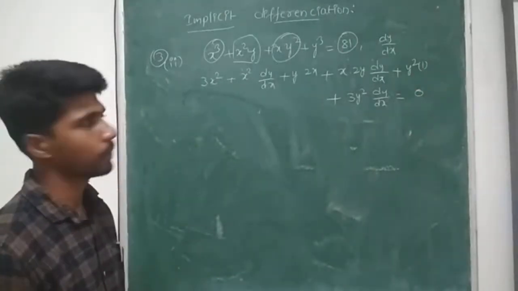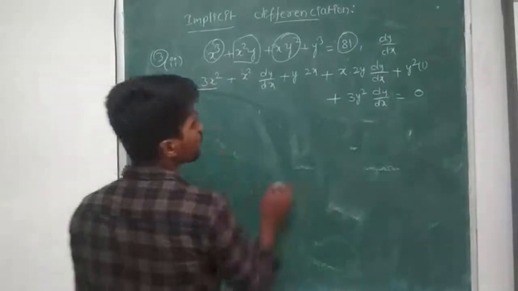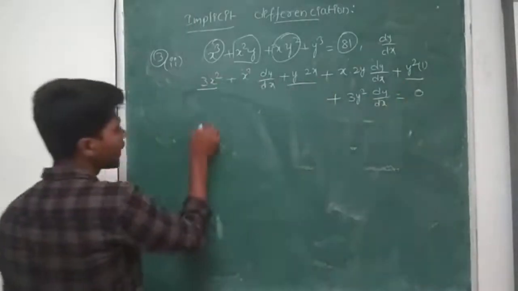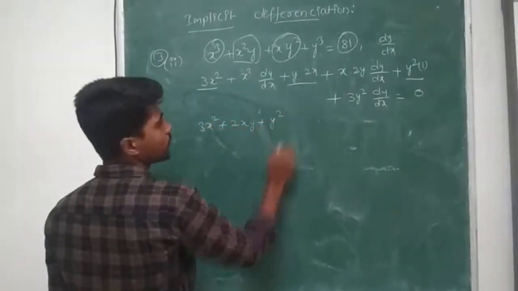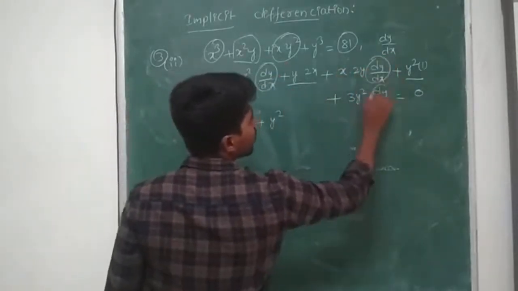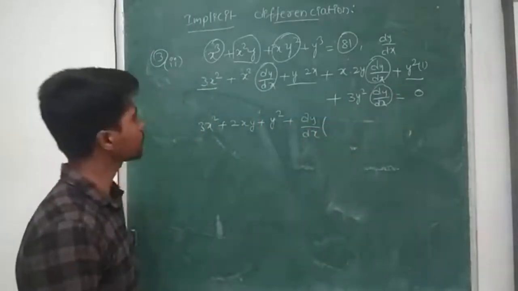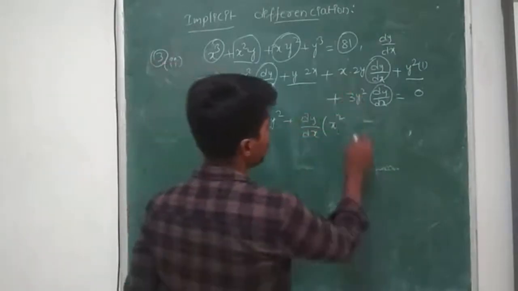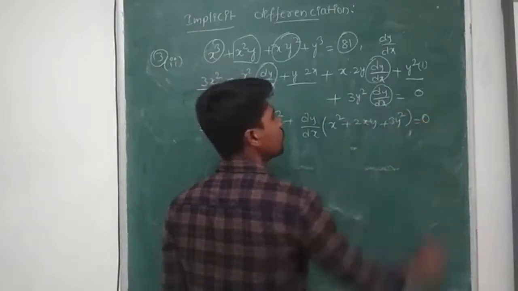Now separate all the derivative parts to one side and the rest to the other. So 3x square, y into 2x is 2xy, and y square. So I get 3x square plus 2xy plus y square. If I take dy by dx common in the other terms, we get dy by dx into x square plus 2xy plus 3y square, which is equal to 0.